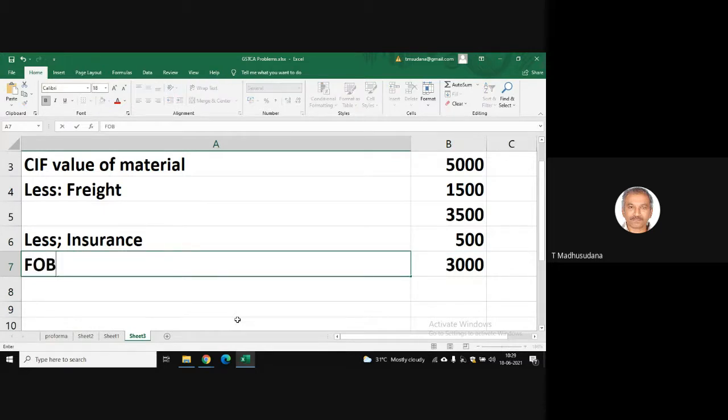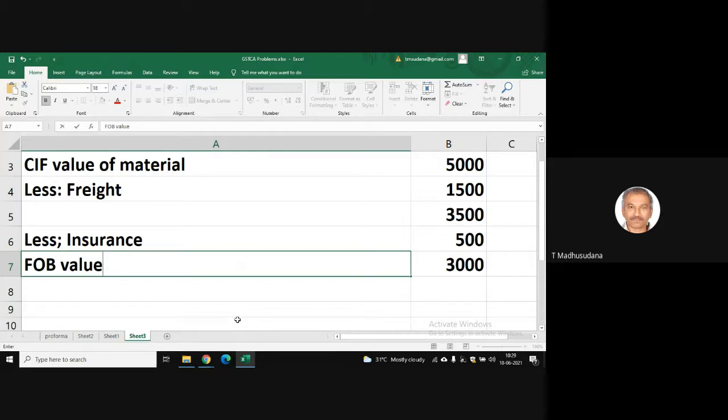FOB value. In the previous example, we were given the value of material at factory price. Therefore, all the expenses up to reaching the shipment area were added to the cost of the material to get the FOB value.